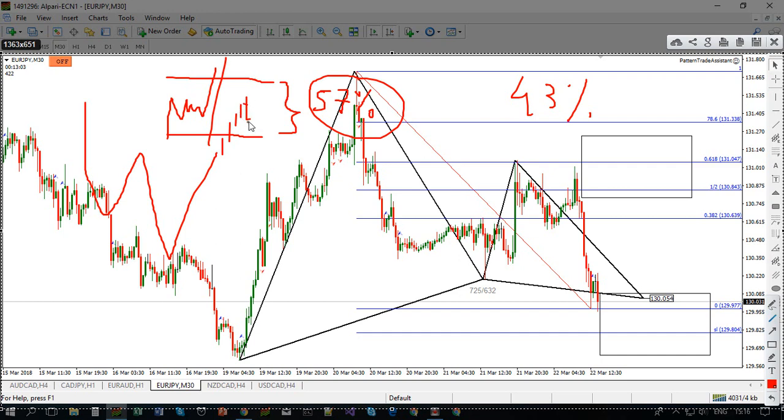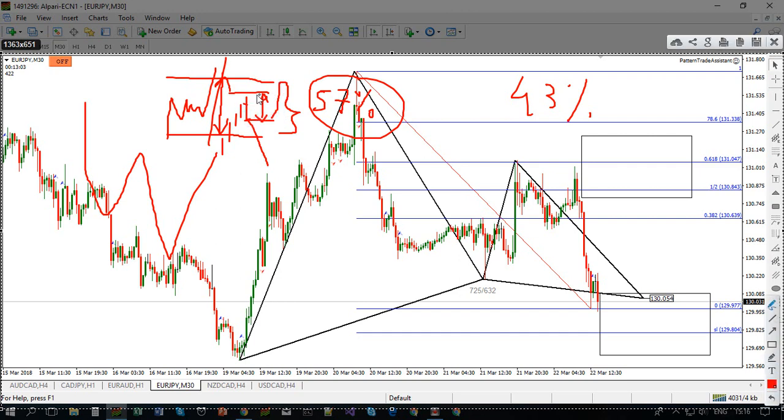If the reversal started and if it is a true reversal, this means that you have a 57% chance for the reversal to continue rather than to go higher. So in this case, you don't need to risk this distance. The only distance you need to risk is, let's say you enter here, from here to here.